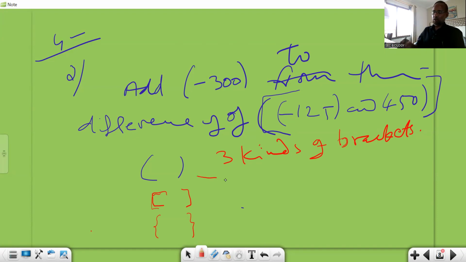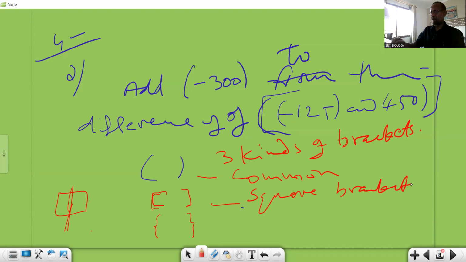First is the common bracket. This is common everywhere. Second is the square bracket, like this. And third is the flower bracket or curly bracket.